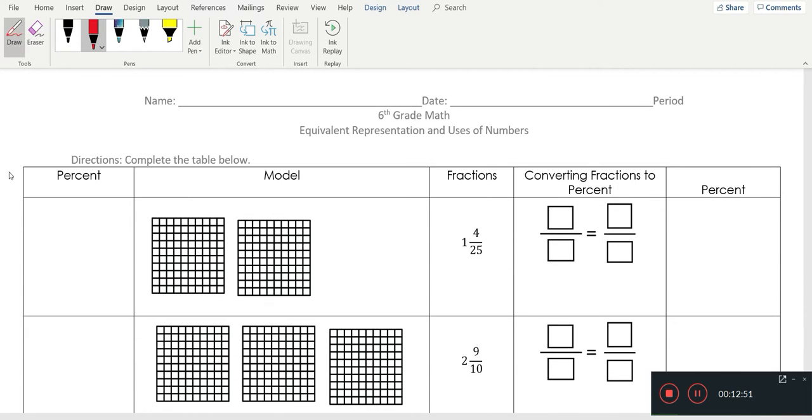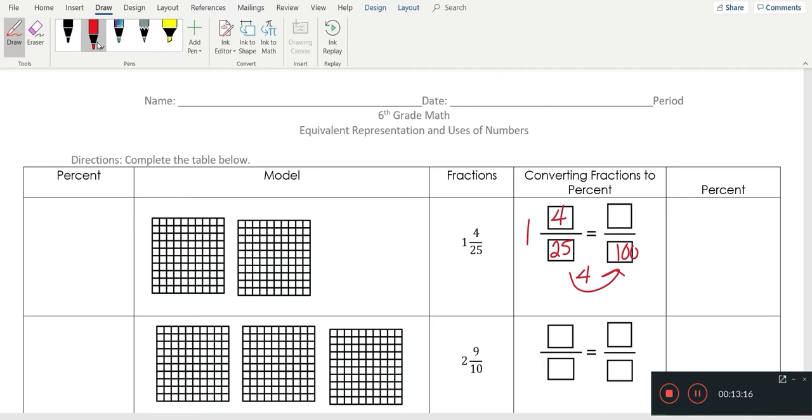Okay, next we have our fraction, 1 and 4 over 25. So we're going to write down here 1 and 4 over 25. So we have here 100 right away. How many 25 are in 100? There are 4.